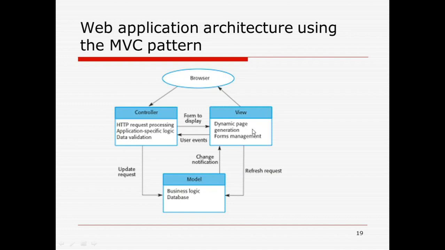Similarly, data is presented in a particular format through the browser. So the browser is a common mode of communication between the controller and the view. This is the MVC pattern for the web application.